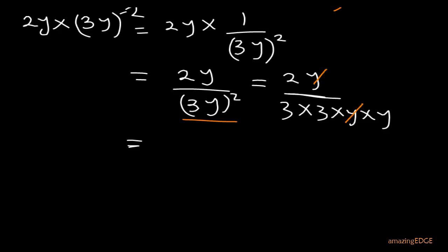So we are now left with only one y in the denominator, while we are left with 2 at the numerator. So this gives us 2 over 3 times 3, which will give us 9, multiplied by y, which will give us 9y. So when we do that, we have 2 divided by 9y.